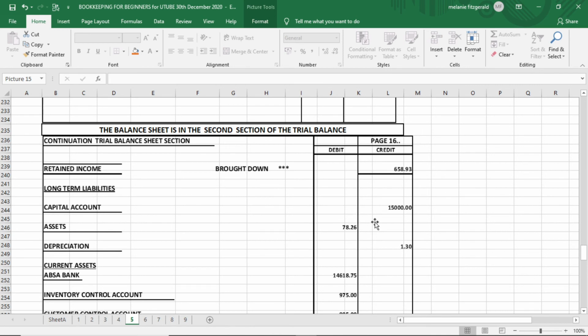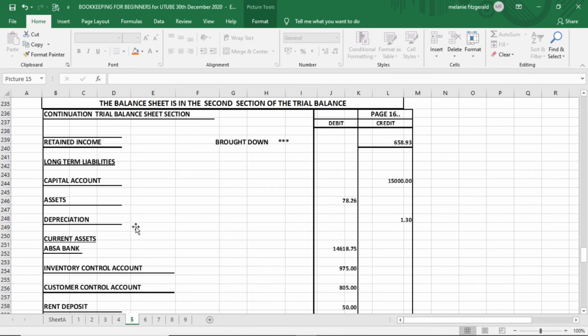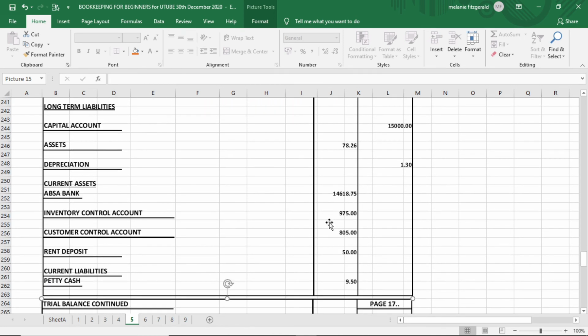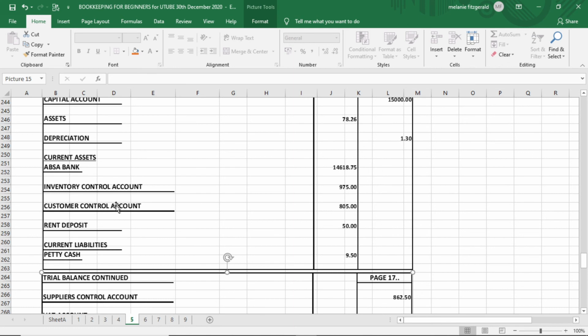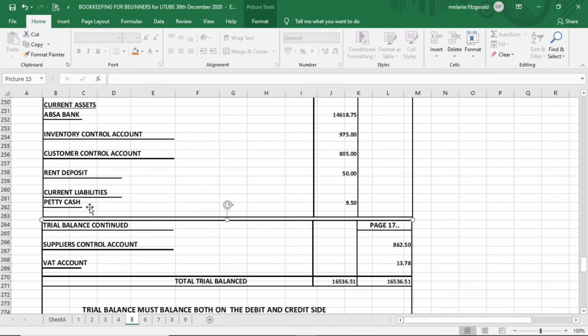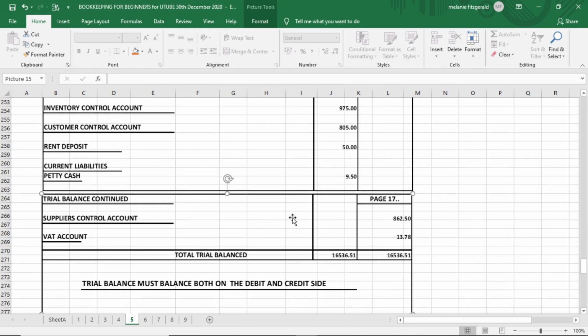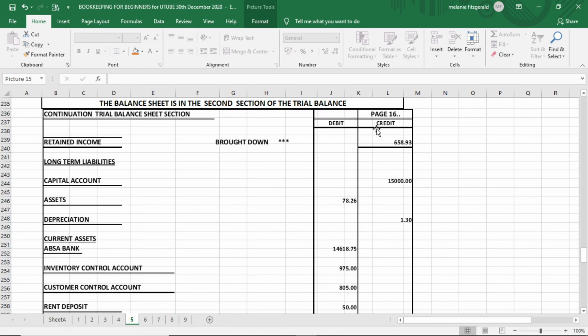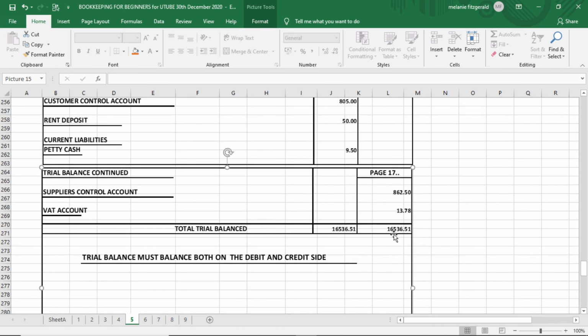Long-term liabilities, capital of $15,000, the assets, the depreciation on the credit side, the ABSA Bank, that was the cash book balance of $14,000, remember that amount, the inventory control account, the customer control account, the rent deposit, the current liabilities, the petty cash, the suppliers control account on the credit side, 862 and 50 cents, and finally the VAT control account of $13.78.